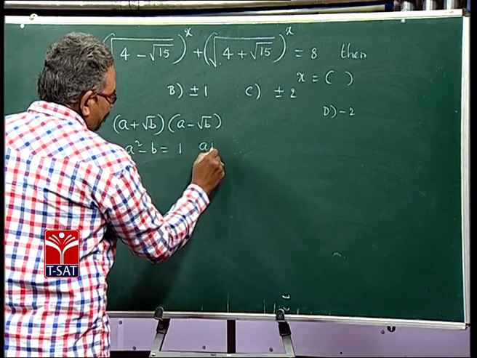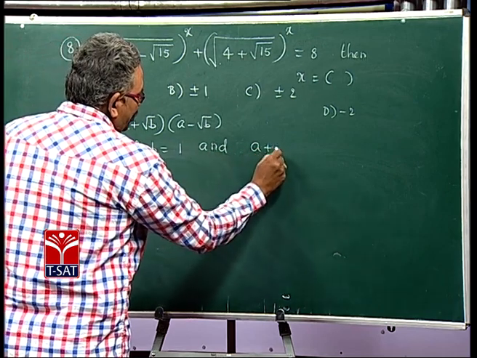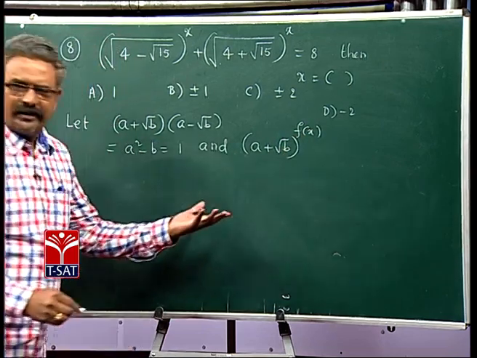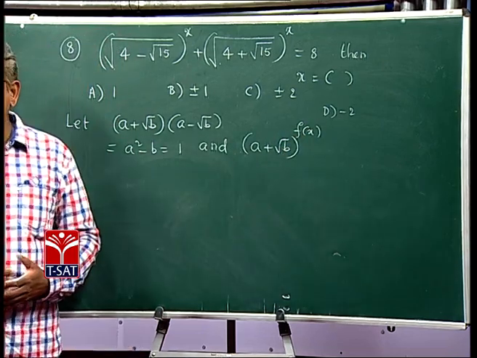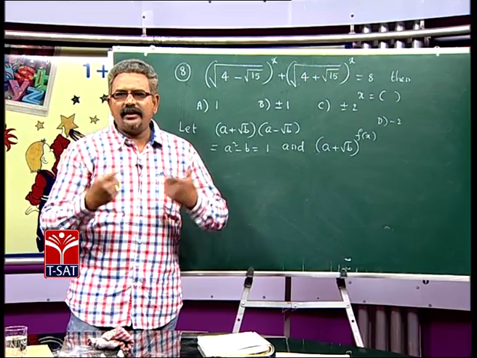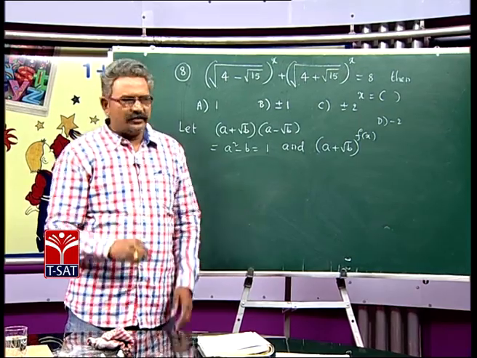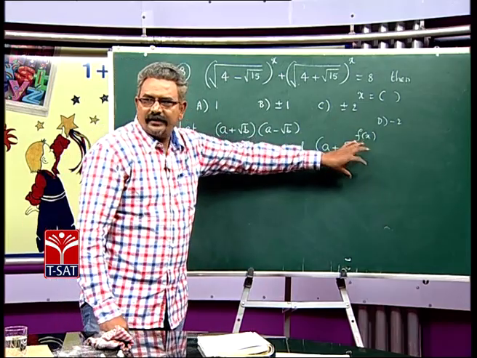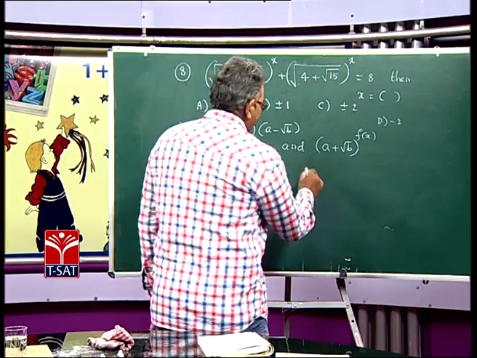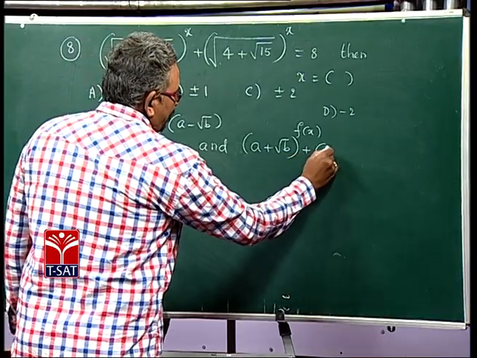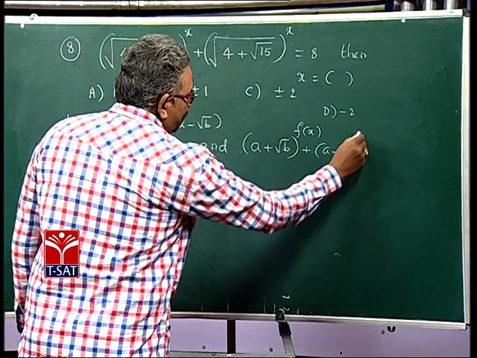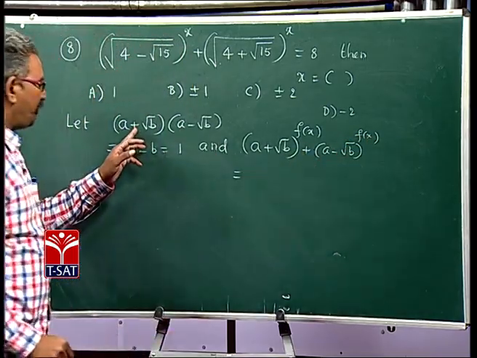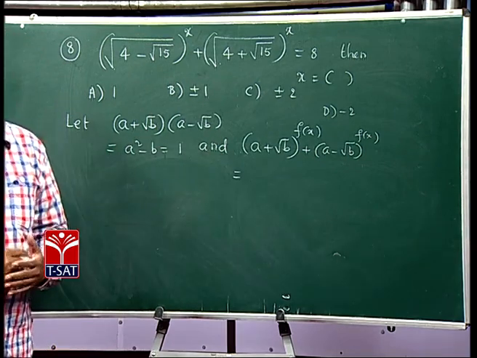And (a plus root b) whole to the power of f of x, whatever it may be. It may be a linear equation or quadratic equation or even a cubic equation. Here we have x, a linear equation, no problem. So, f of x plus (a minus root b) whole to the power of f of x, that should be equal to the sum of these two, a plus root b plus a minus root b, 2a.